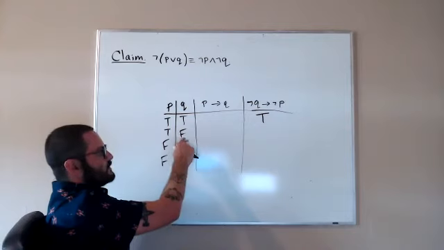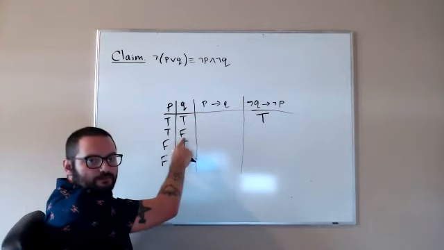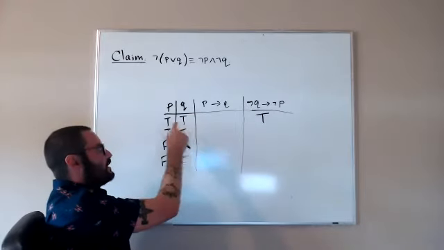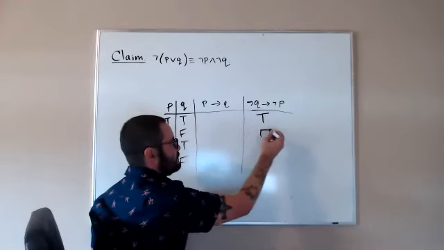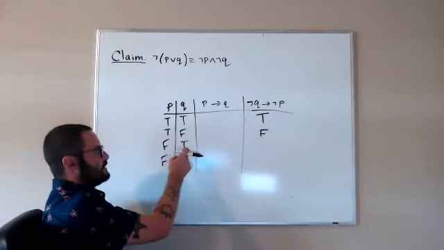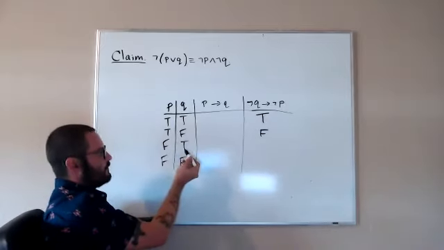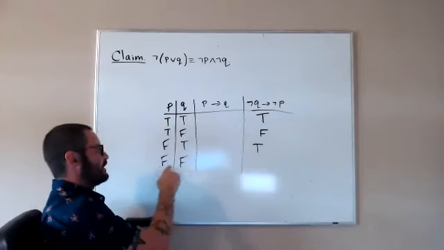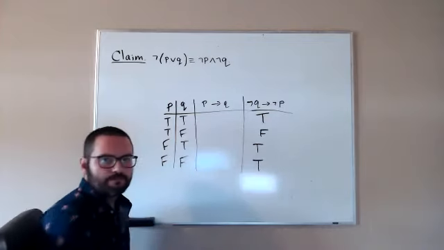Here, you negate this, and it becomes true, right? You negate that, it becomes false. So then you have true implies false, which is false. Here, you negate that and negate that, so you have false implies true, which is true. And here we have true implies true, which is true.